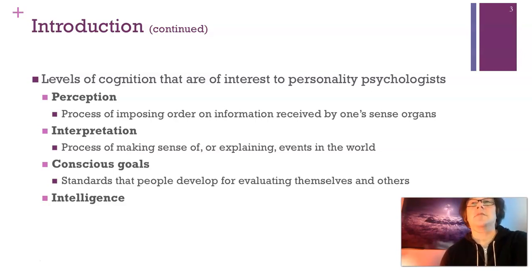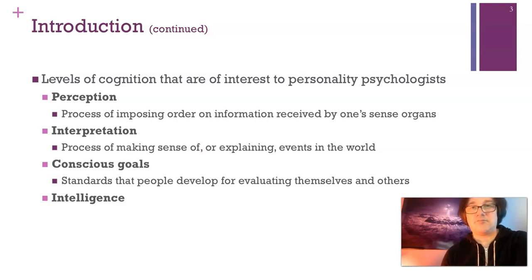So the third level of cognition that is of interest to personality psychologists is people's conscious goals. And these are the standards that people develop for evaluating themselves and evaluating others. So people will develop specific beliefs about what is important in life and what tasks are appropriate to pursue in order to meet these important goals in life.